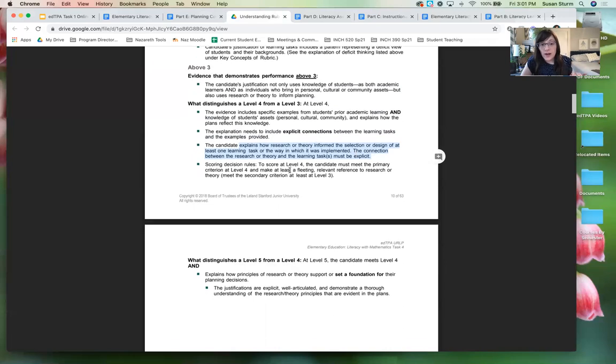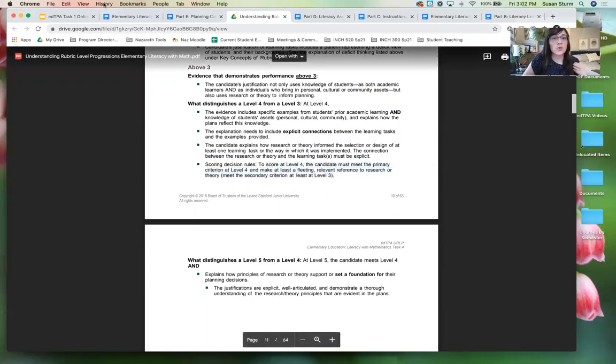And you must meet the primary criteria of the level 4, and at least make a fleeting relevant reference to research or theory. And the secondary criteria could be at a level 3 here in order to score a 4, as long as your first criteria is super strong.